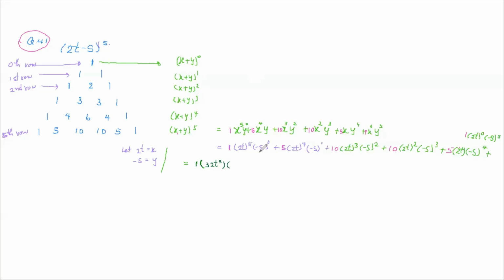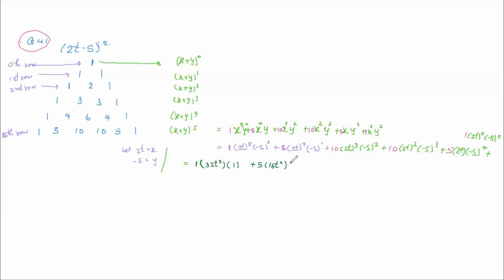And then minus s power 0 is always 1, correct? No matter the base, if the power is 0 it is always 1. So plus 5 times 2t power 4: 2, 3, 8, 8 times 2 is 16, correct? So we have 16, and then t power 4.